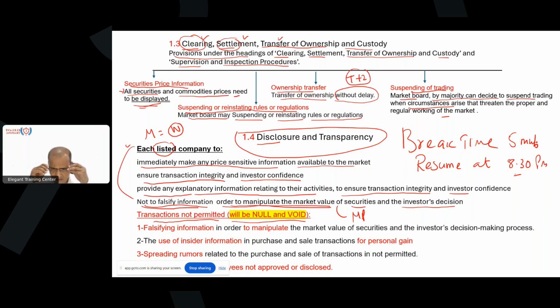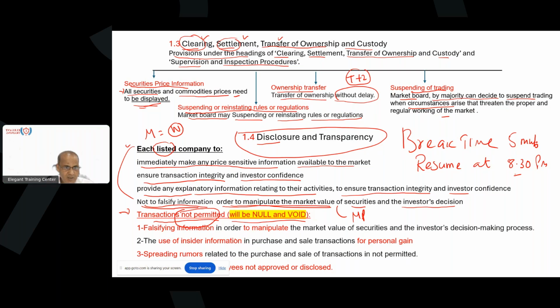So we are discussing that transactions can be null and void, meaning not permitted. If a transaction happened but it was not permitted, it will be discarded, it will be ignored, null and void, right? So on which grounds can transactions be made null and void?